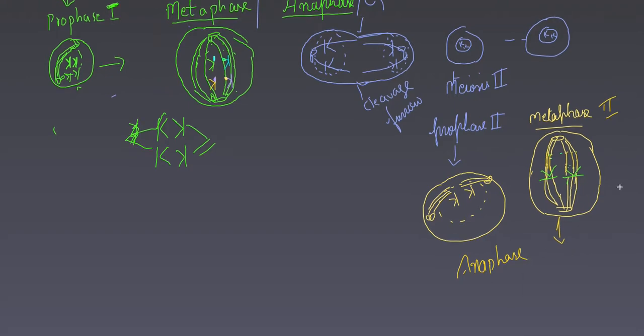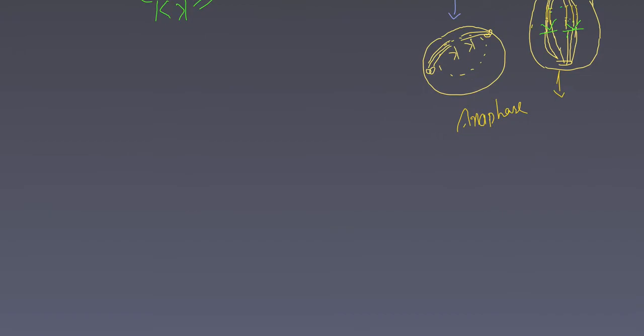In anaphase 2, let's just say the cell, so these are the microtubules, and this is the whole cell.